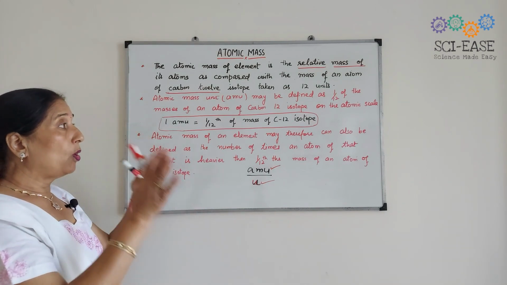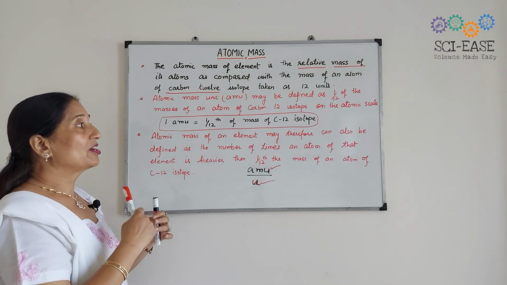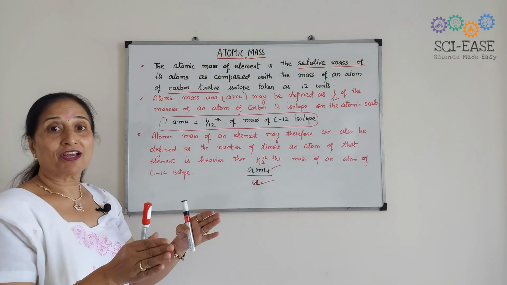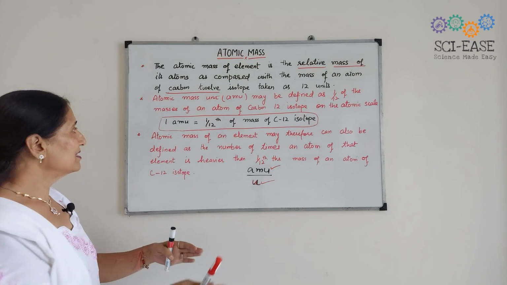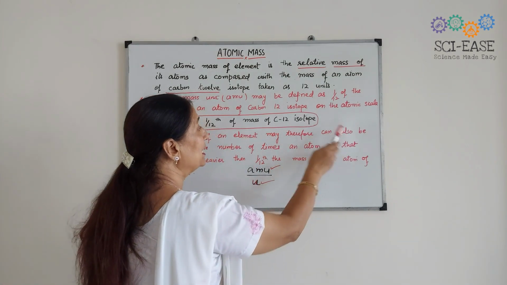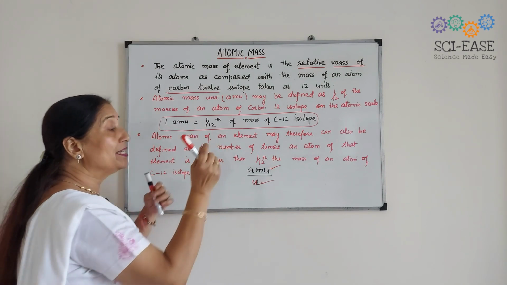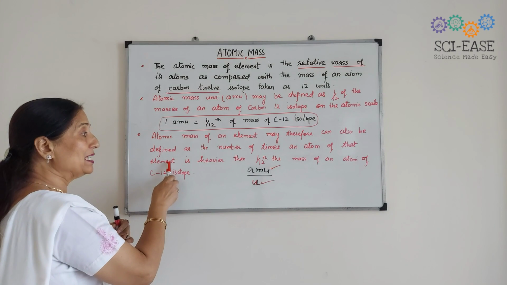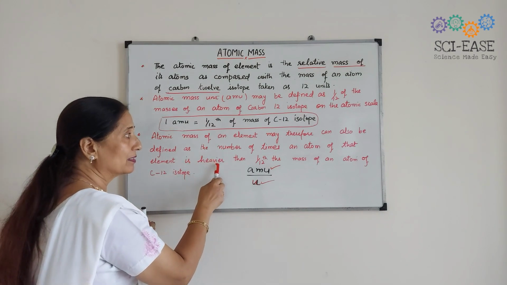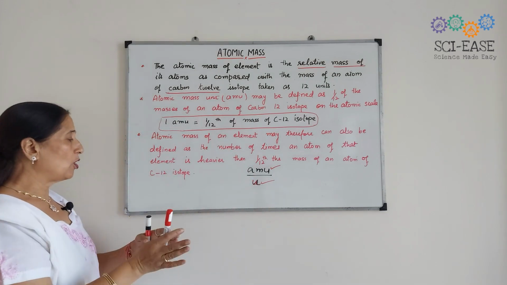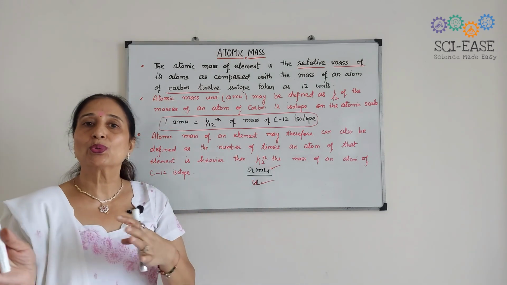So, with all these discussions, the modified definition of atomic mass is: the atomic mass of an element may be defined as the number of times an atom of that element is heavier than 1/12 the mass of an atom of carbon-12 isotope.